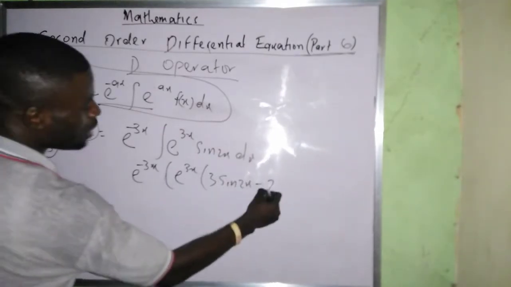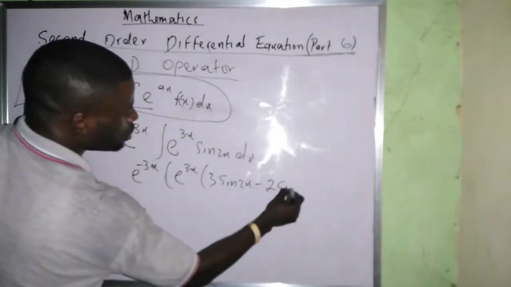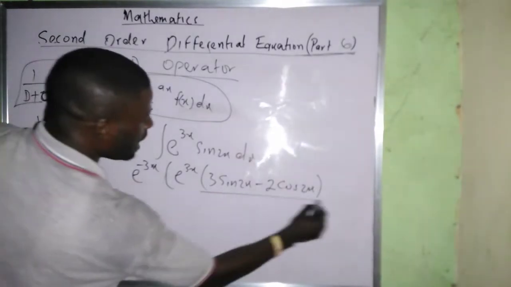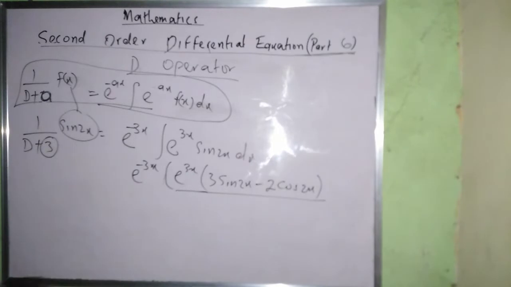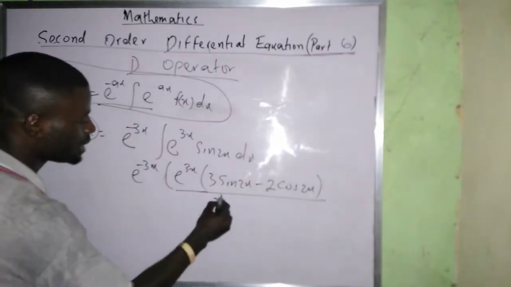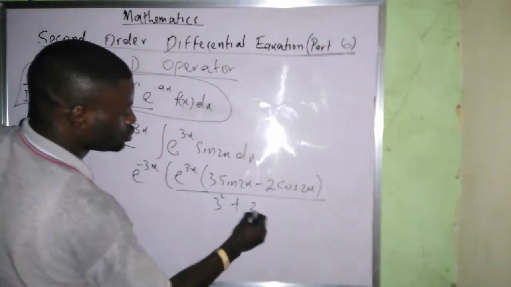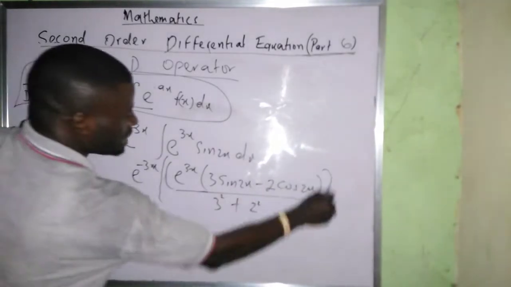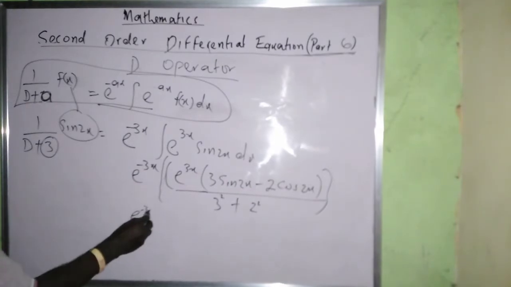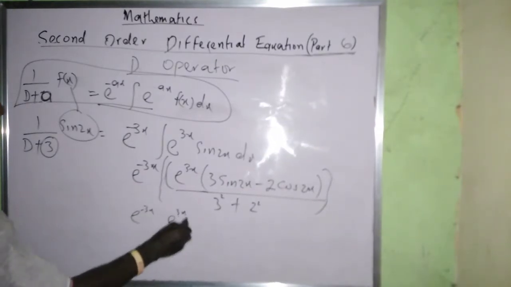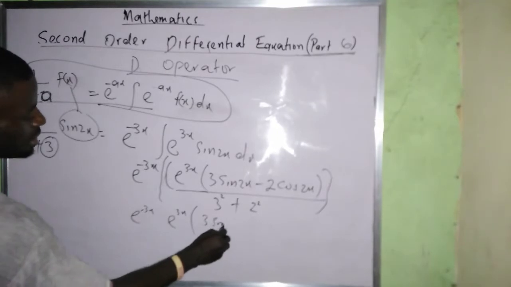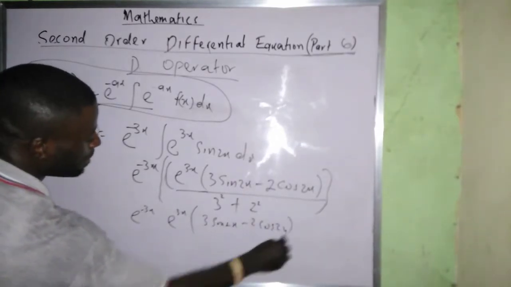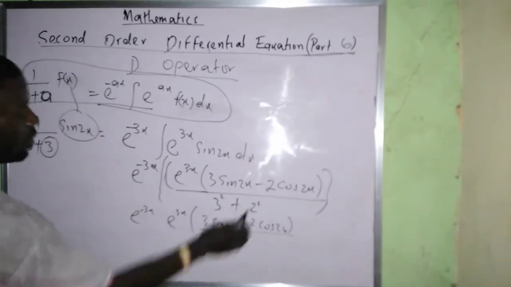Bringing out this 2, I will now have cos 2x, divided by 3 squared plus 2 squared. That's my integral: e raised to 3x, bracket 3 sine 2x minus 2 cos 2x, divided by 9 plus 4, which is 13.